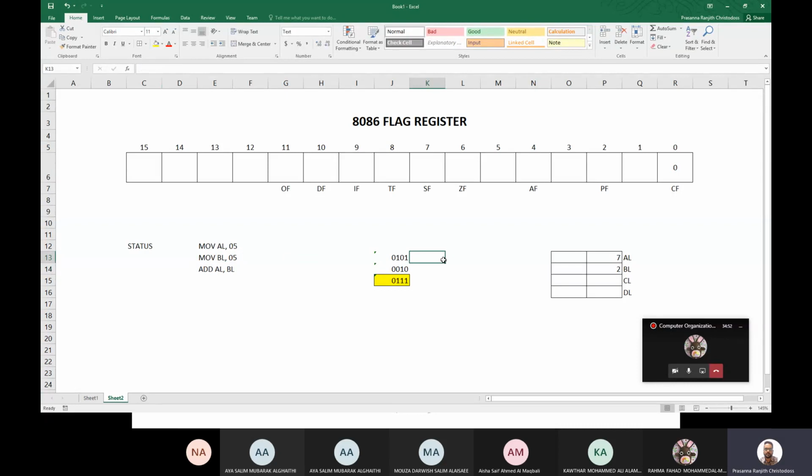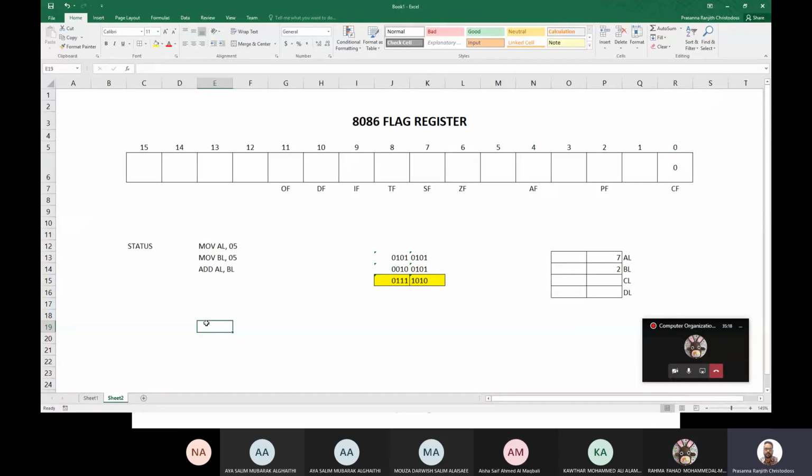It is 0101 and then 0101. Now check what is the answer. 1010. Do you have carry? Again, no carry, right? So this will be again equal to 0.